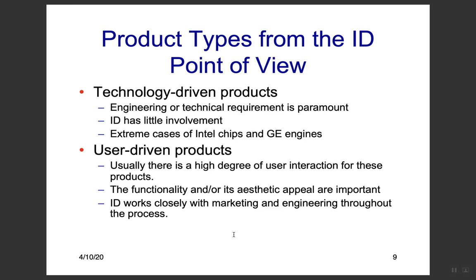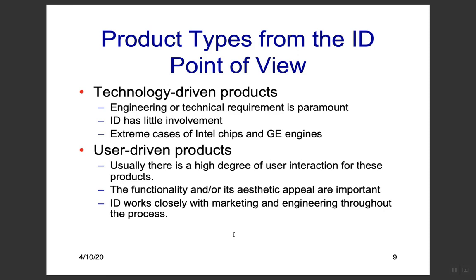What is the difference? Technology driven is talking about the engineering or technical requirements, advanced engineering. For example, products of Apple or Samsung, the popular products, the gadgets, more smartphones.